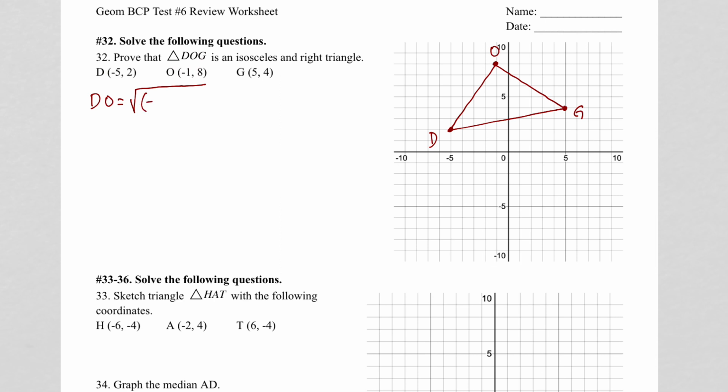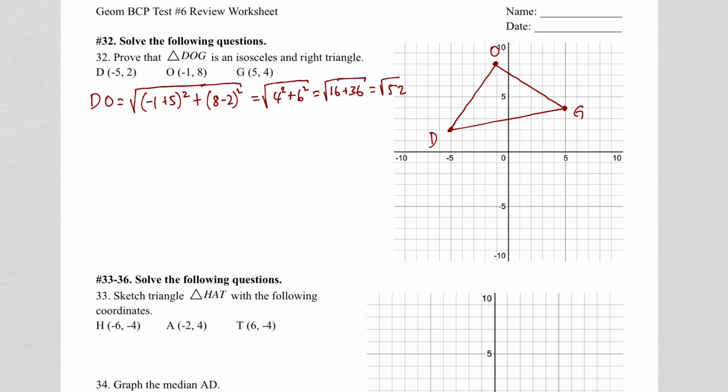So I have -1 minus -5 squared plus 8 minus 2 squared, which gives us the square root of 4 squared plus 6 squared, which is the square root of 16 plus 36, which is the square root of 52. Now I could simplify that, but all I need to show is that this is equal to the other side, so I don't need to simplify this, at least not yet.